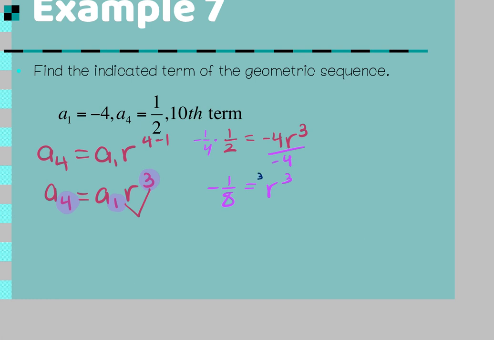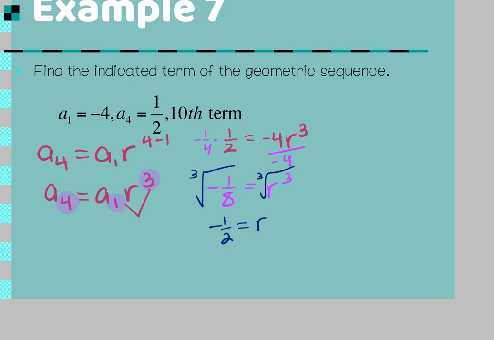And then I'd cube root both sides. And what's the cube root of -1/8? -1/2. Good. Cube root the top, which would be 1. Cube root the bottom, which would be 2. And it's negative because it's an odd root. So now I found r. You with me so far?